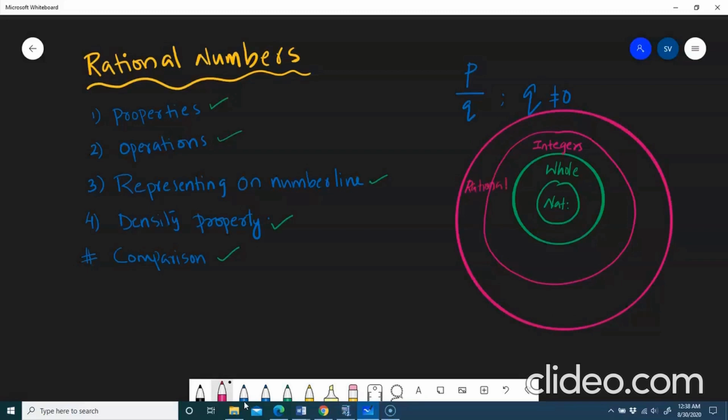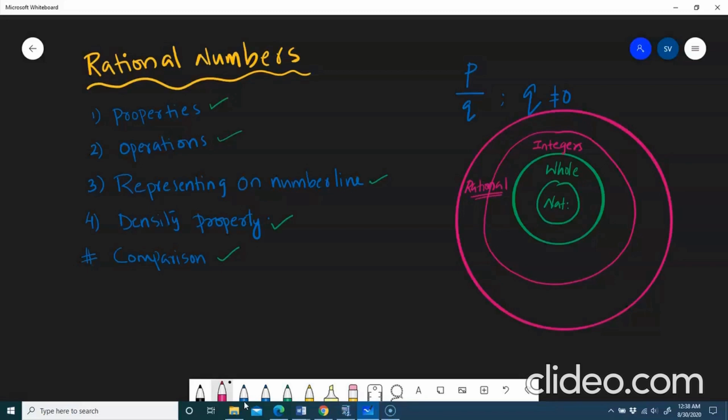In your elementary years, in your previous standards, you may have studied the difference between rational numbers and irrational numbers, so I'm not going to discuss that more. If we have a rational number system, we have another set of numbers called irrational numbers, which is not part of this system.